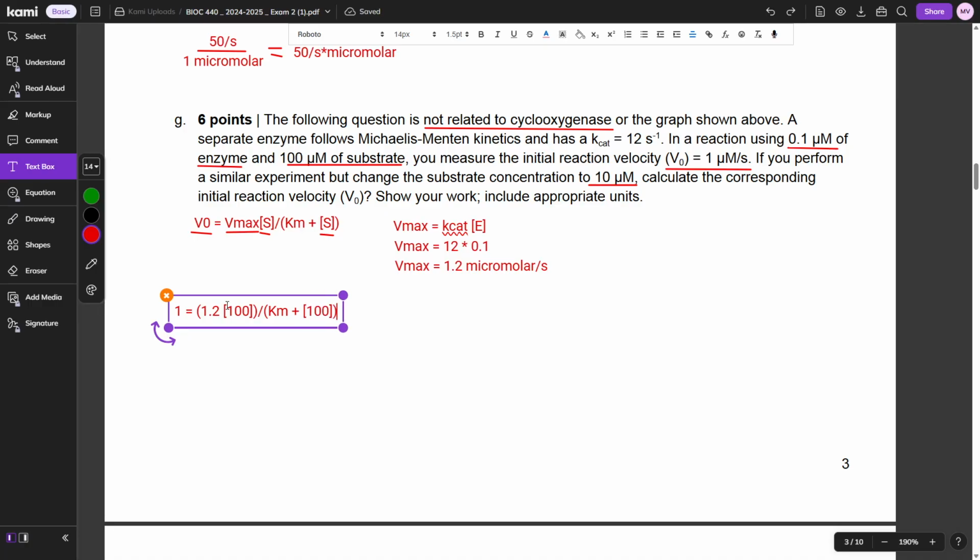I'm going to remove these brackets here to make it a little bit easier. Good so far?